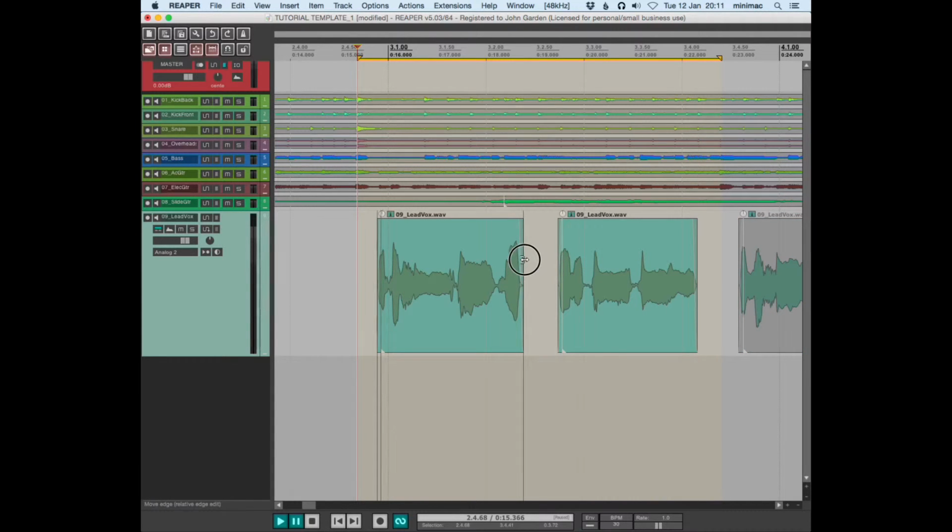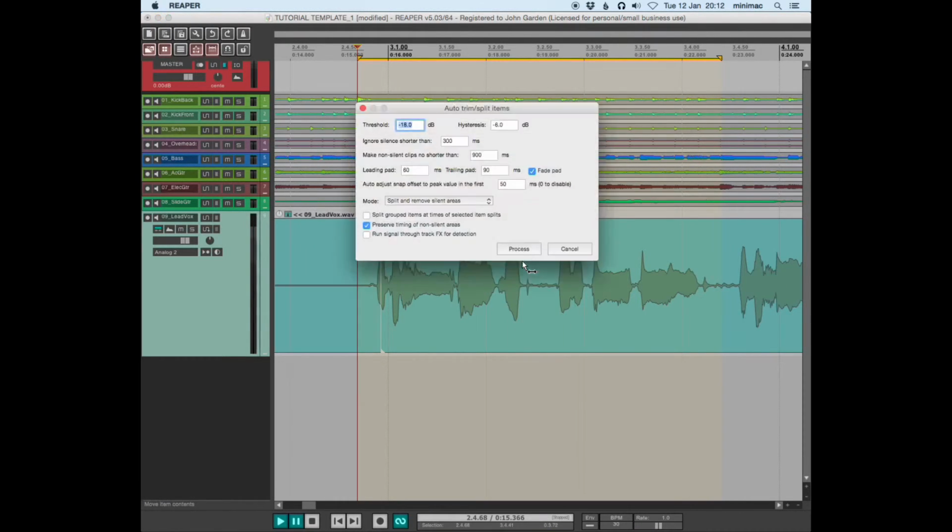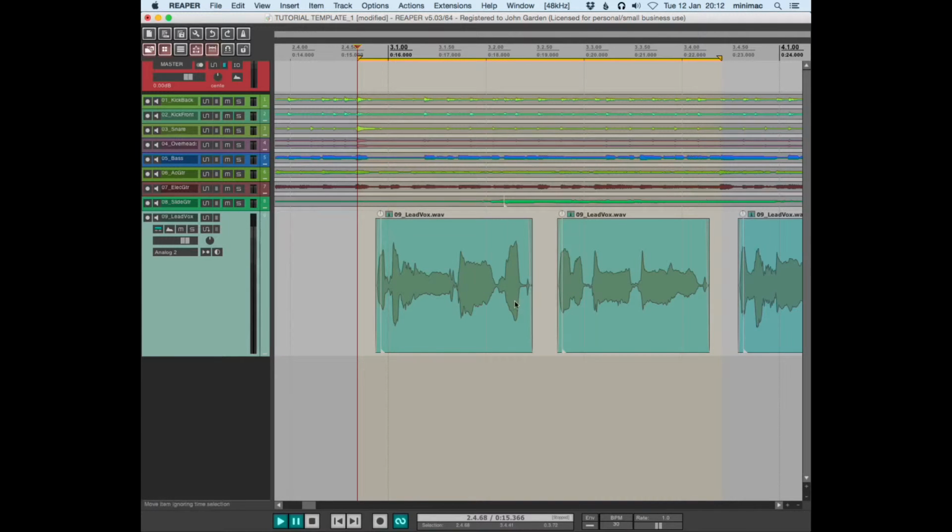Basically what you can see is there are the T's, and they were being completely edited out by the process, because around here is minus 18, around here is minus 24, and we had minus 18 as our threshold. So if we set it to minus 24, it's going to keep the T's.